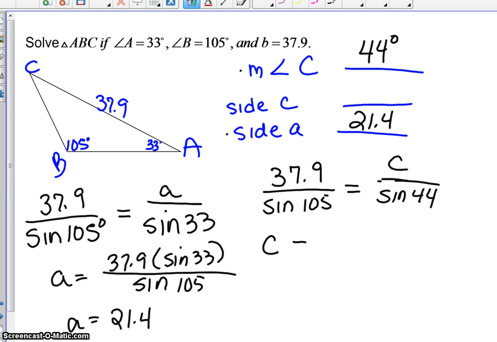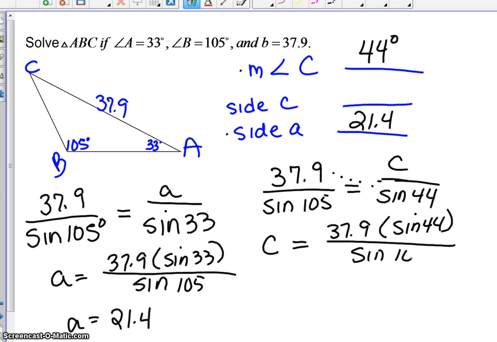So my C is equal to these two multiplied together, and we divide by this one. So we're going to have 37.9 times the sine of 44 divided by the sine of 105. C equals 27.3. So that was our last answer.